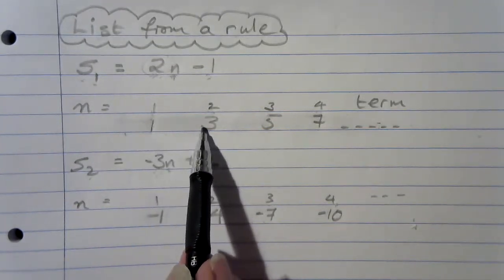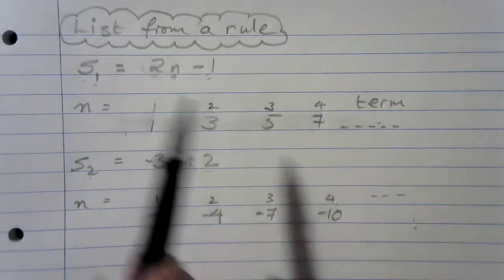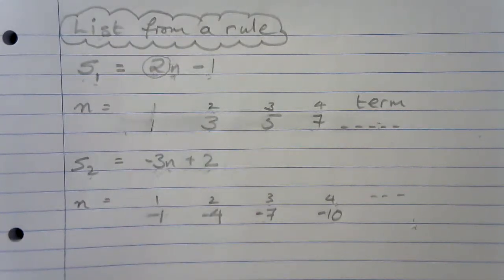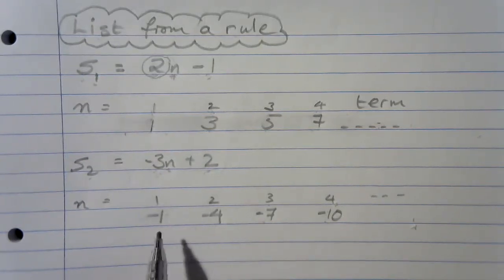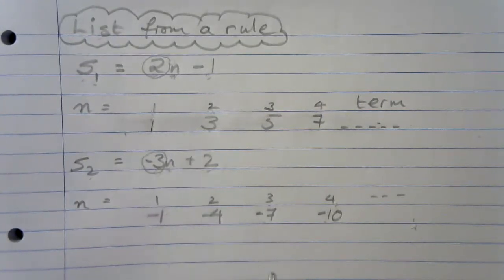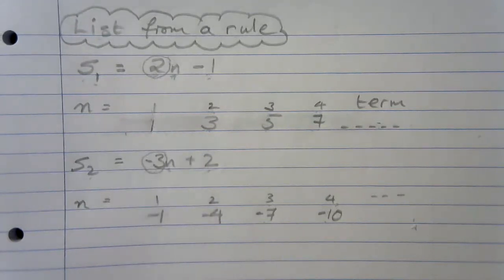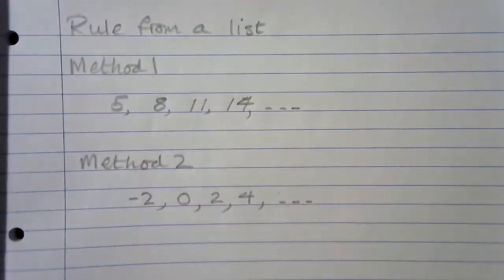The step in this first sequence is 2, isn't it? And you notice there, we've got 2. The step here is negative 3, isn't it? Do you notice? Negative 3. So this number tells me something about the step. Let's see how to use that on the next page.